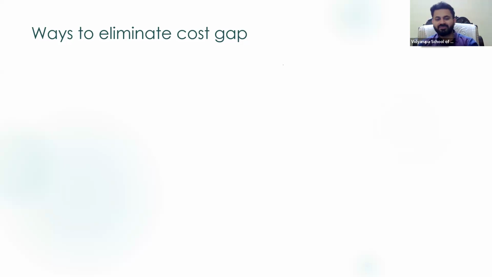What do you think? There are many ways, by the way. What all comes to your mind? What are the different ways in which we can eliminate the cost gap? We can reduce the cost gap. We can control the cost so that the actual cost comes down and matches the target cost. What do you think? What methods do you feel we can use, we can employ there?